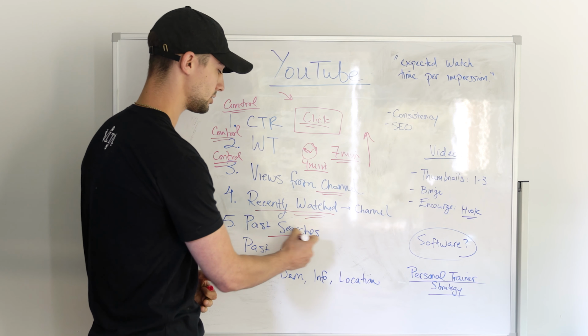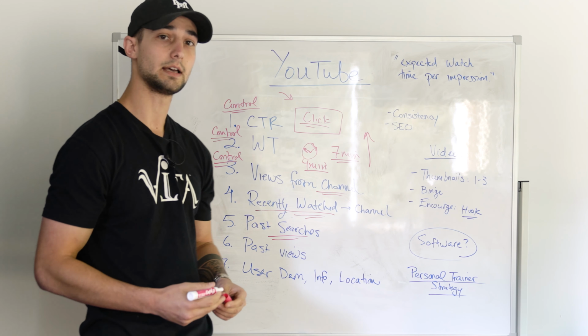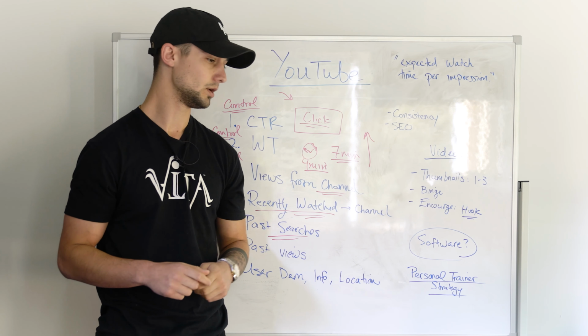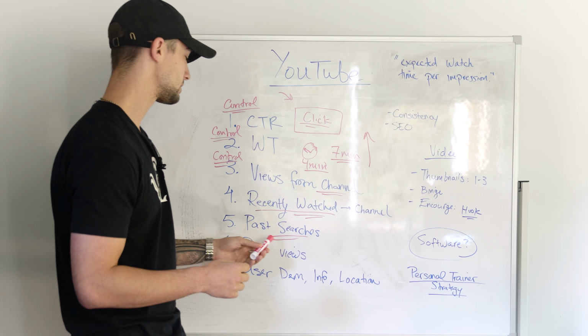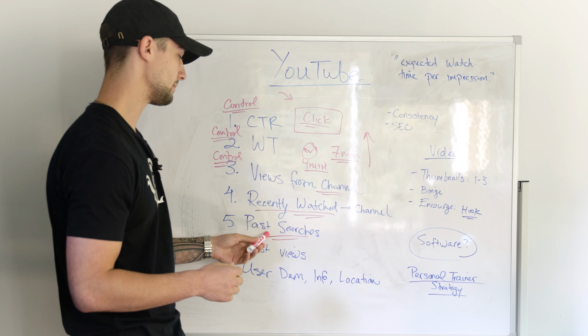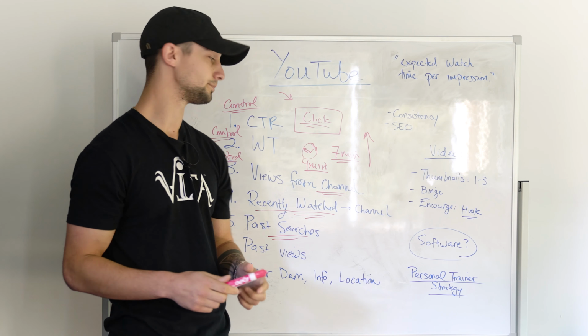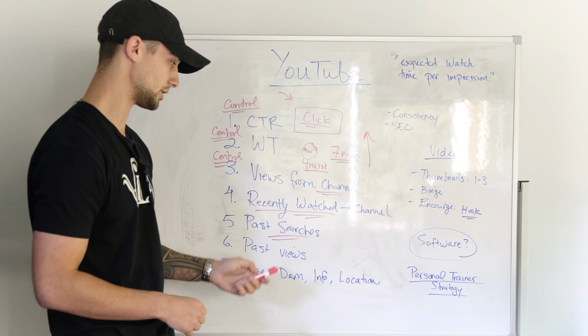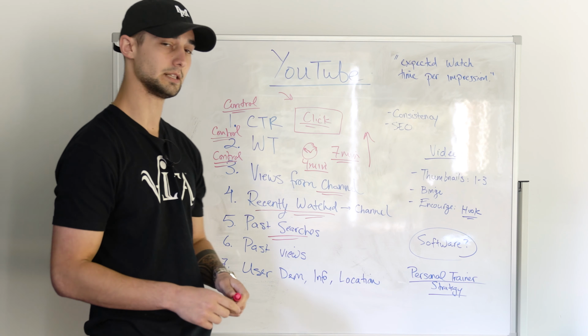YouTube also pays attention to everything that the user or account has searched for on YouTube, and it's going to show them content that's not only what they've recently watched or from channels they've recently watched, but anything relevant to their past searches.